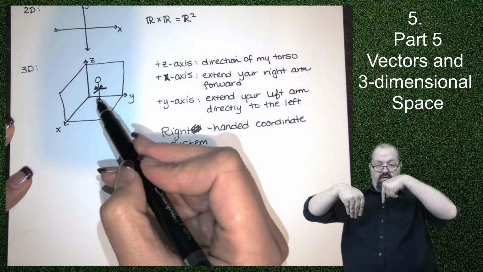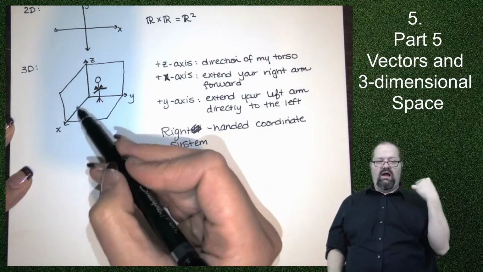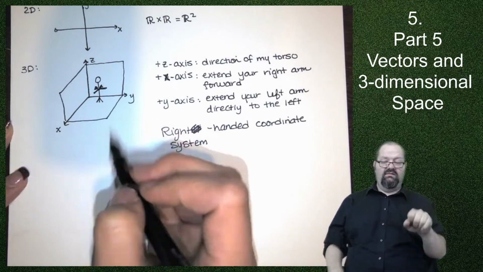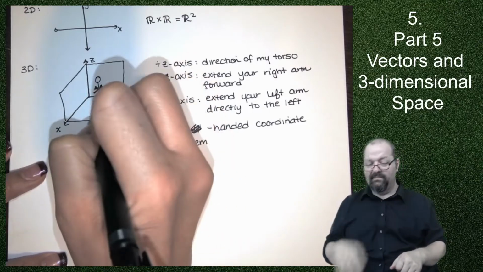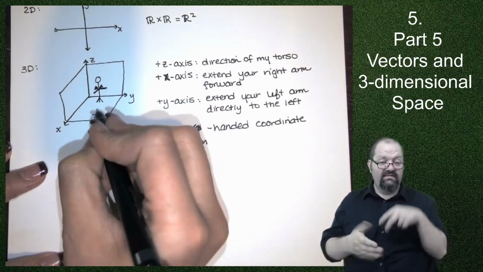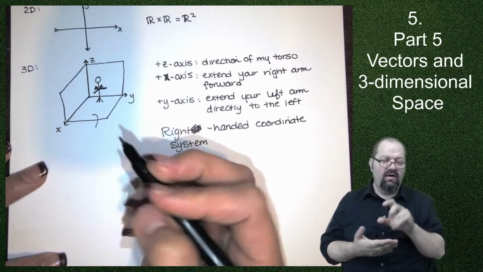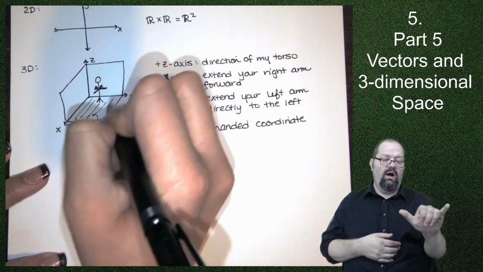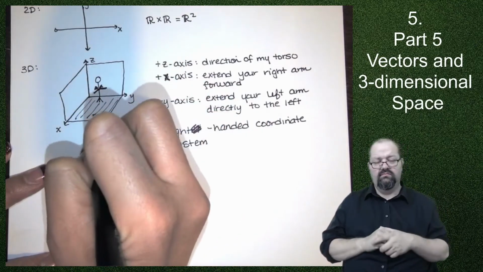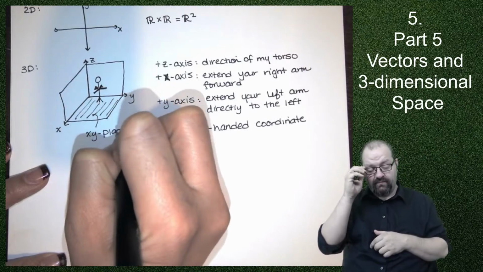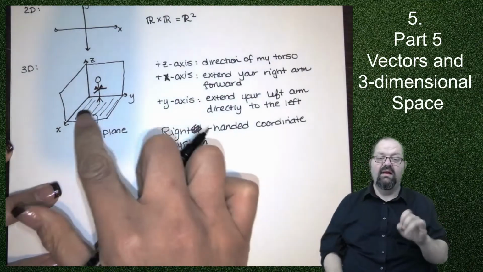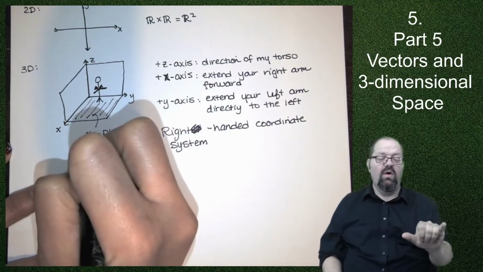The y-axis is behind me, and the x-axis is over here to my left. Now this floor that I'm standing on, it's not the whole thing, but it's part of the xy plane. The xy plane is a plane that contains the x-axis and the y-axis.